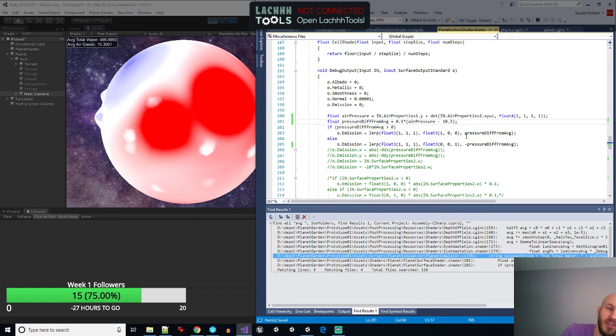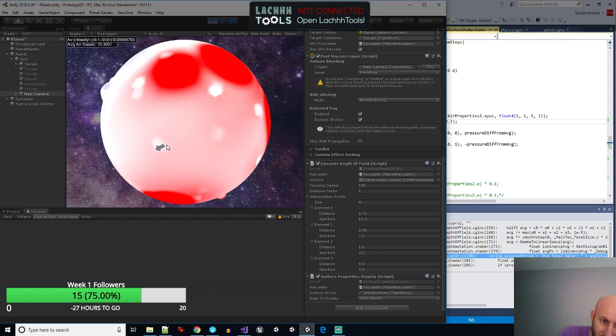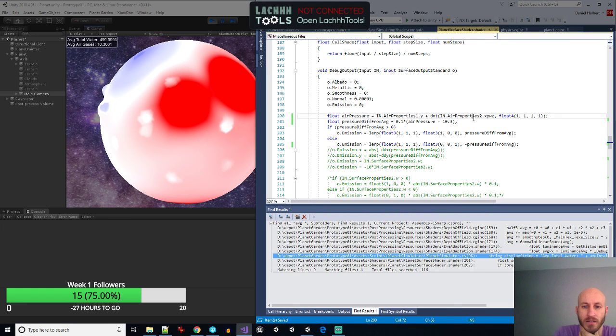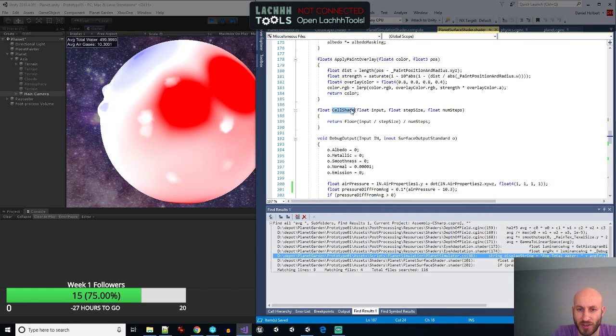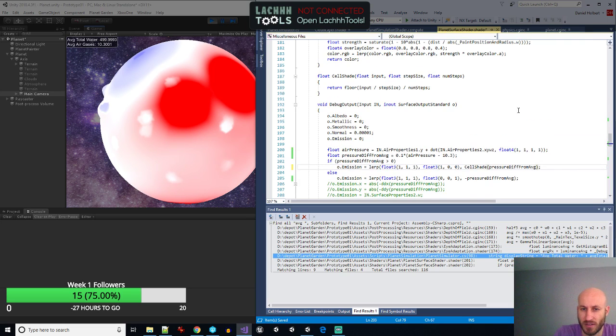But I do like that concept of ISO lines. Although even just having that little gradient there, I can see more clearly what's going on. So I have this cell shade thing, so I might be able to use that. The cell shade is like cartoon shading, where it's not that smooth of a gradient.